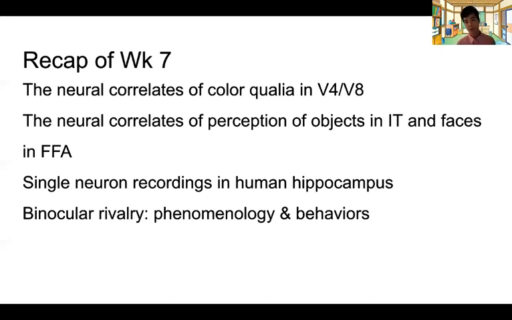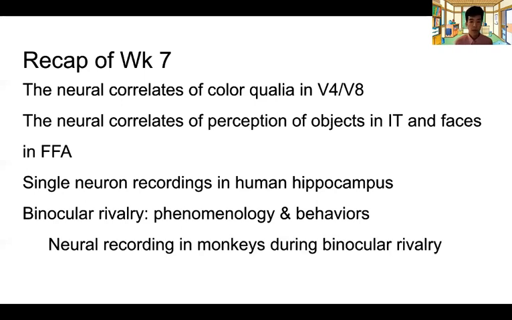And then the behavior patterns of button press duration, or contrast dependency of the dominance duration of binocular rivalry. This kind of behavioral or phenomenological characteristic was used to back up the evidence for monkeys also perceiving binocular rivalry.